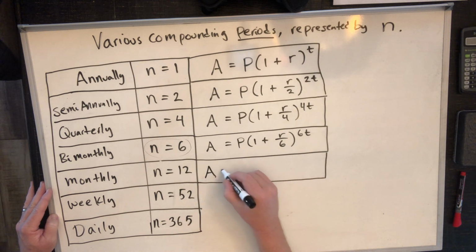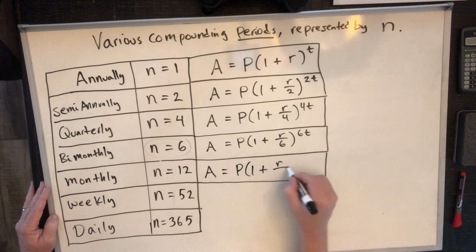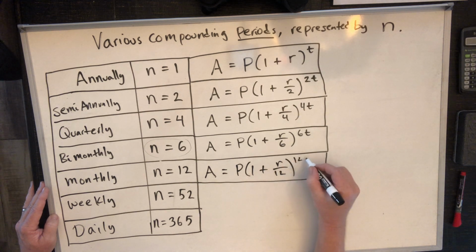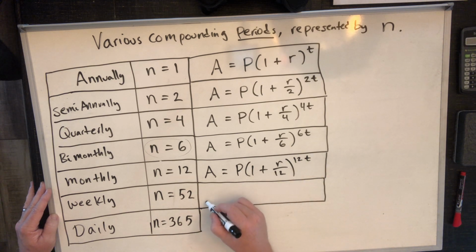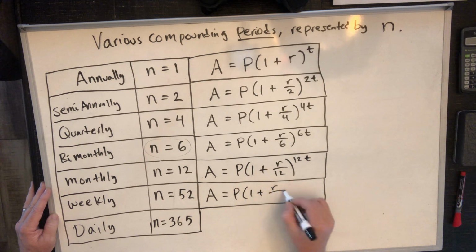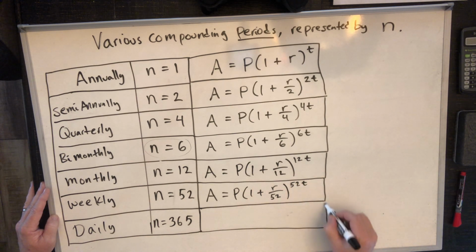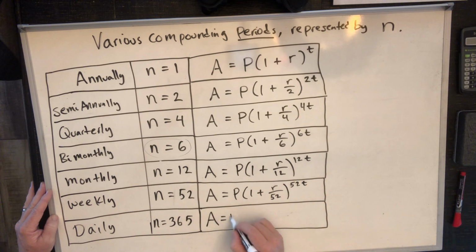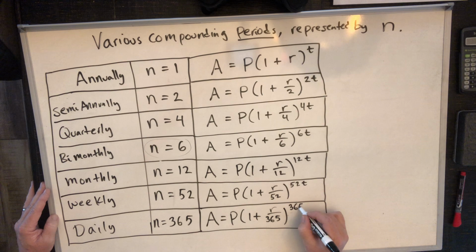Finally, or not finally, monthly, 1 plus r over 12 to the 12t. For weekly, 1 plus r over 52 to the 52t. And daily, 1 plus r over 365 to the 365t.